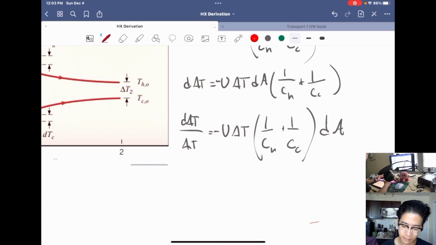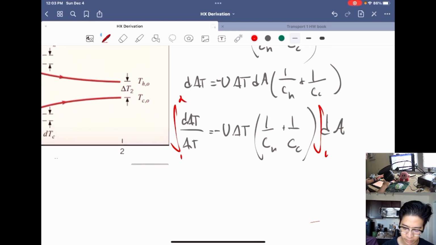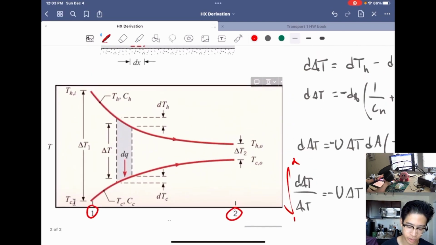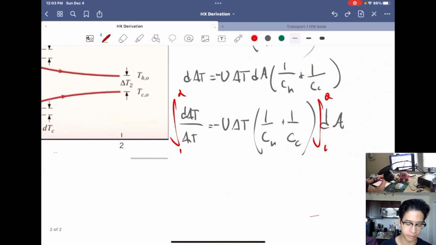I think I dropped the negative there. So now what? Well, this looks like a differential equation that we can just integrate, right? And the bounds of integration will be 1 to 2, 1 and 2 being these positions of the heat exchanger described there, in and out, essentially.